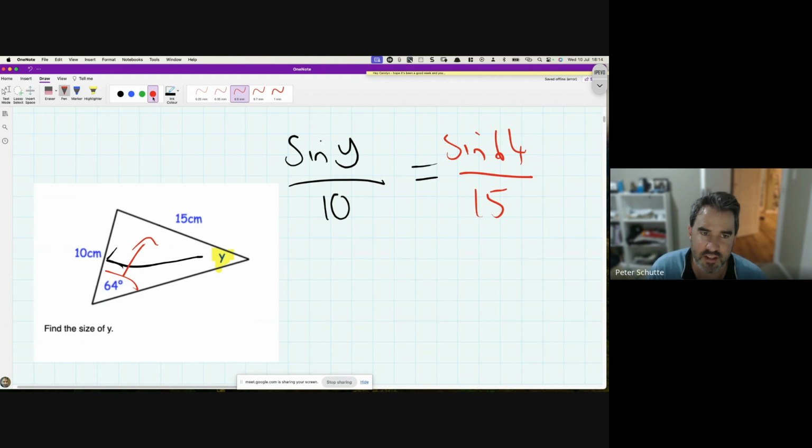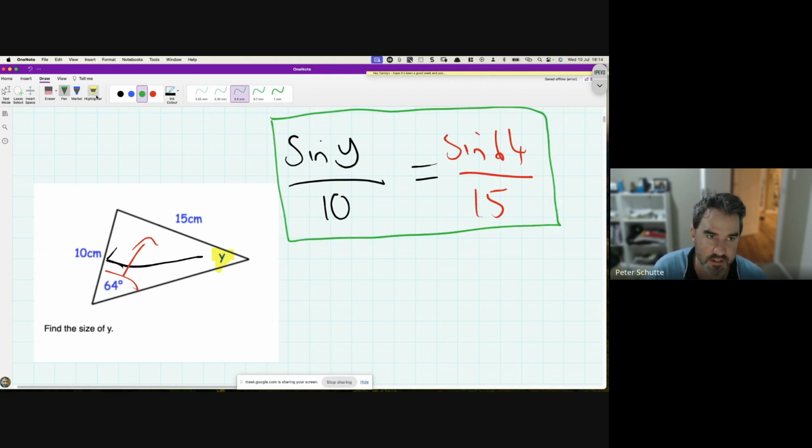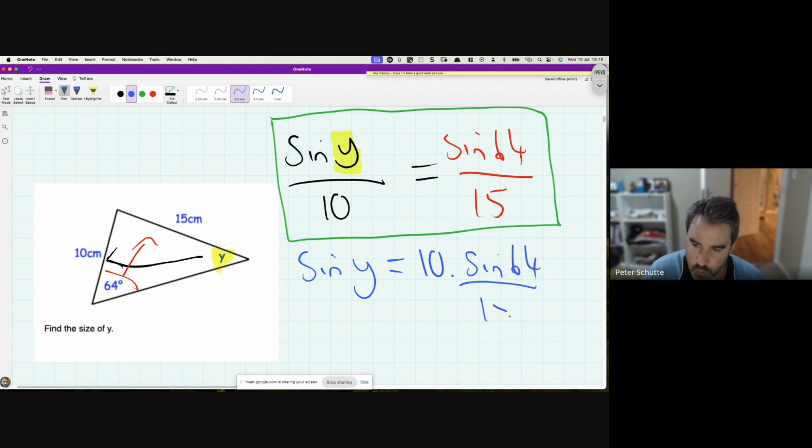Now what you have is a trig equation. But what you're really after is this y over here. So what we need to do is move the 10 to the other side, and we get the sine of y is 10 times the sine of 64 over 15.